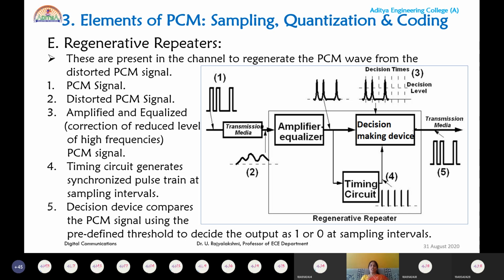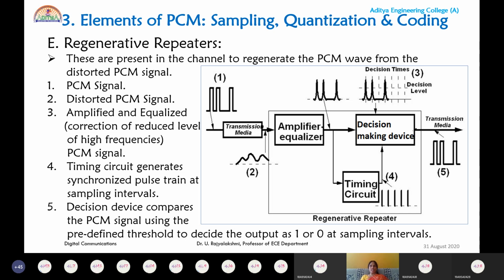It compares the amplitude of distorted PCM obtained from the amplifier with the predefined threshold, which is nothing but the decision level. And at what intervals? At sampling intervals provided by the timing circuit.